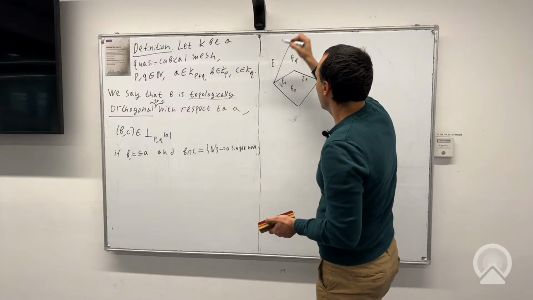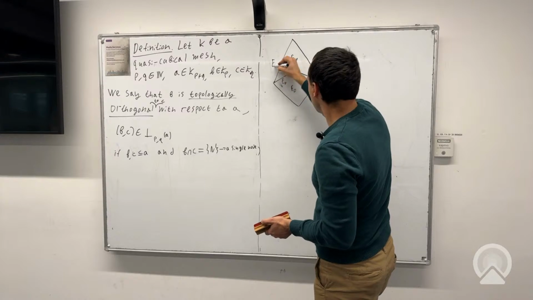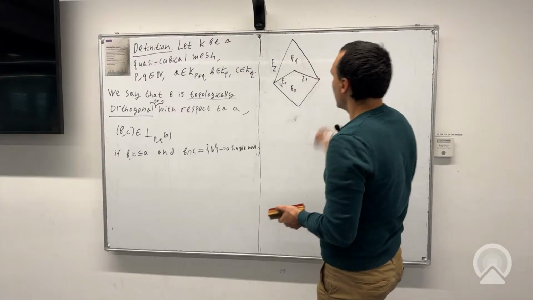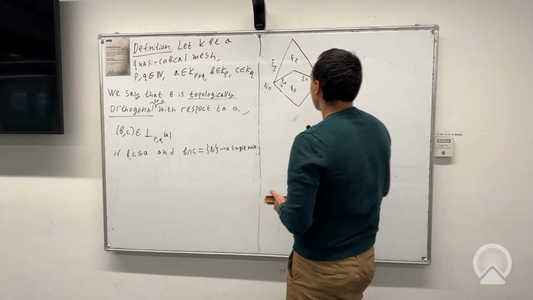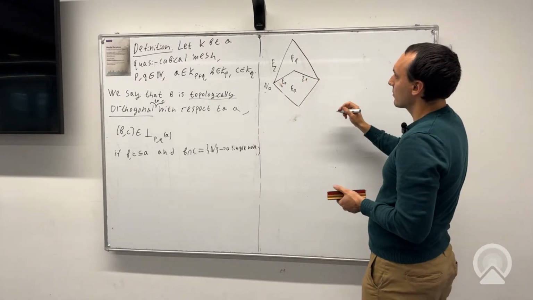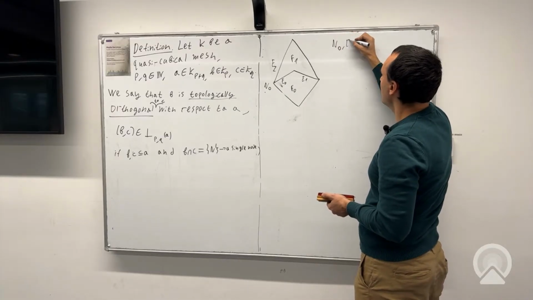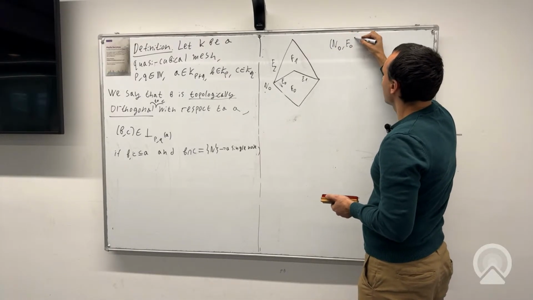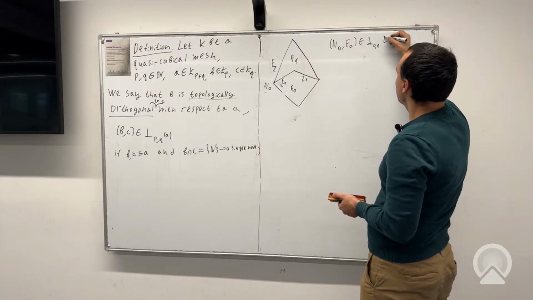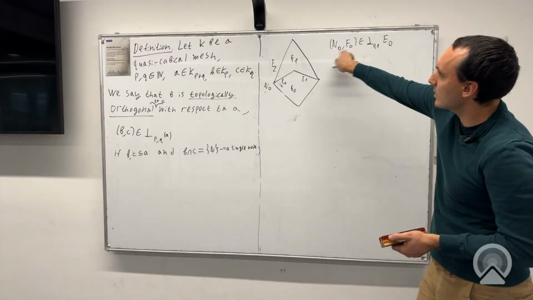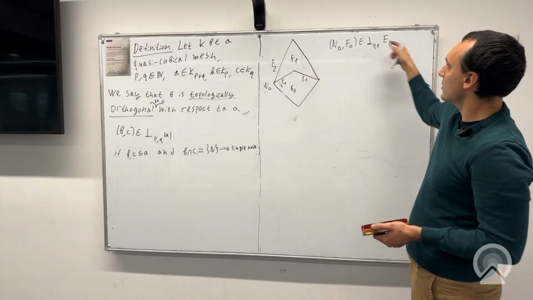Let's call this E3, E2. Anyway, and let's call this, for example, N0. Now, N0 and E0 are perpendicular to E0. Their intersection is a single cell, the zero cell, and they are both subcells of E0.